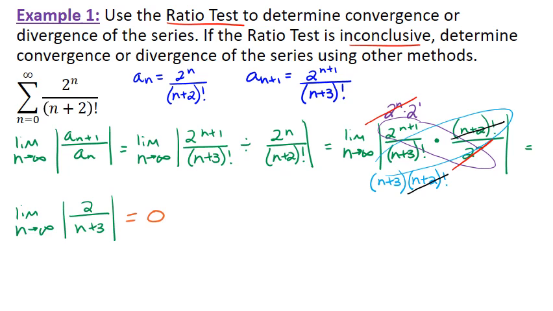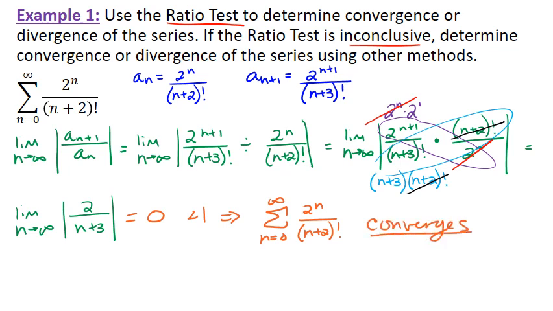According to the chart for the ratio test, if this limit is less than 1, which it is, then we can conclude that our given series converges absolutely by the ratio test.